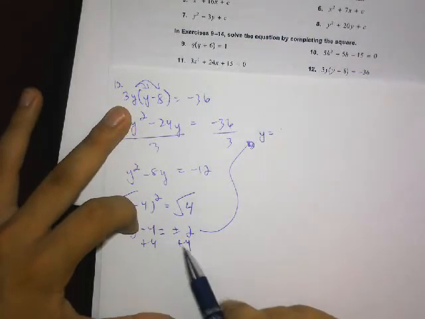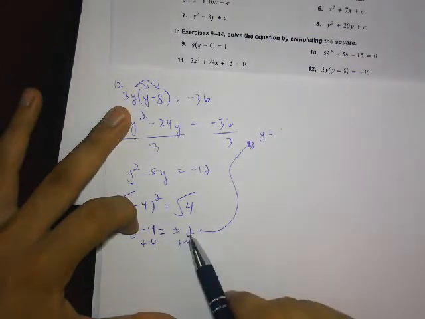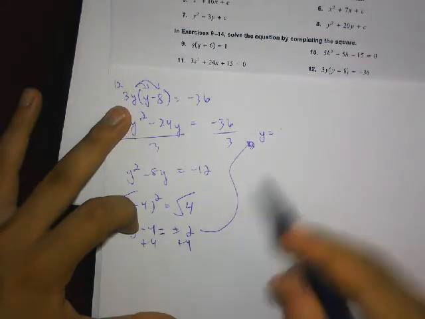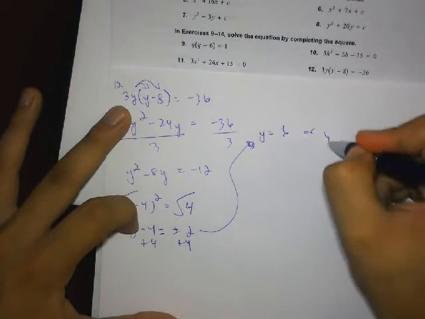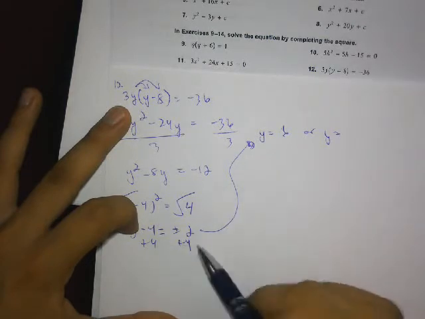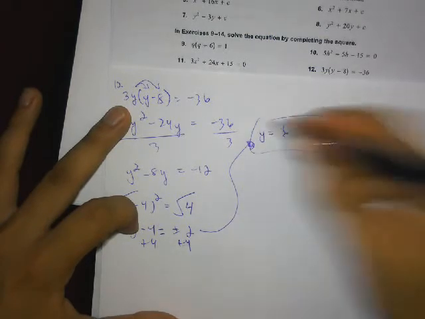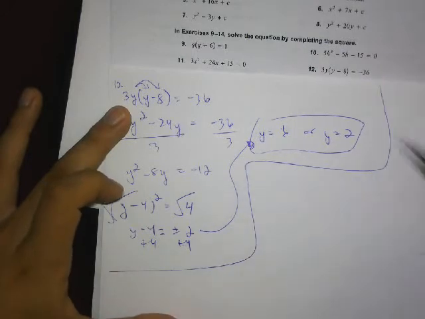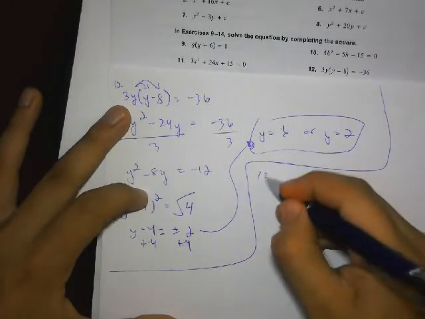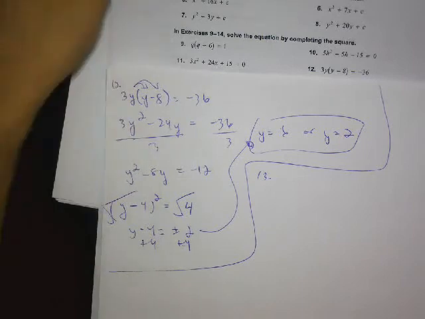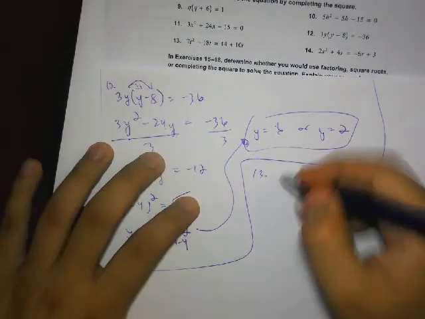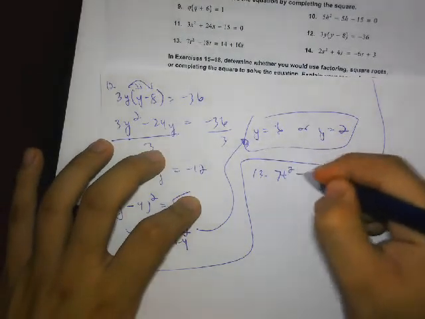Number 13, 7t squared minus 18t equals 14 plus 10t. So for completing the square, I want all the terms that have t in it to one side, and then all the numbers that are by themselves to the other side.